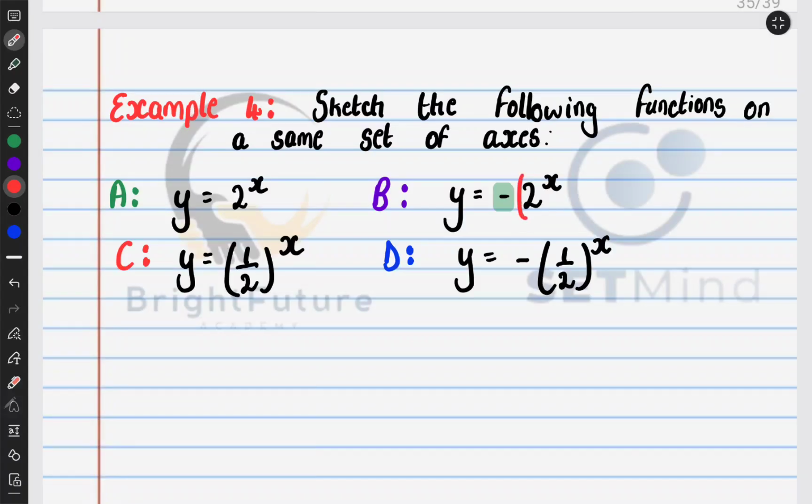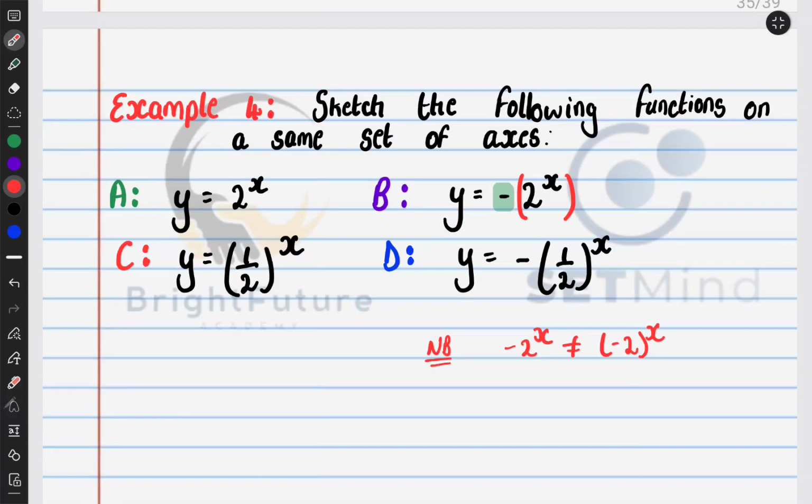Also always remember to put brackets when you are dealing with the negatives, because (-2) to the power of x is not equal to -2 to the power of x.